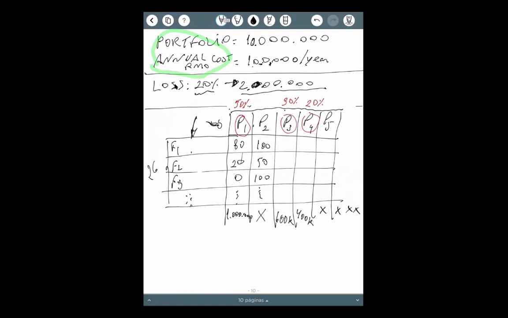P3 we have 50, 0, 20, P4 0, 10, 50, and P5, 50, 100, 0, and so on. And we have to do that for all columns. Again, these numbers in black came from the database, okay? They are fixed. They came from the collective intelligence of our community, okay?